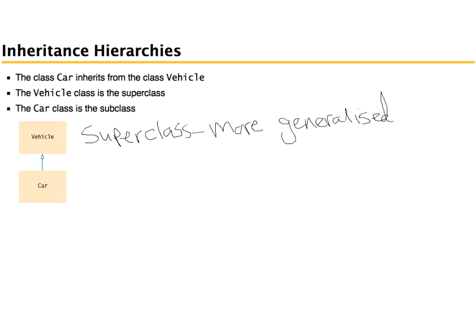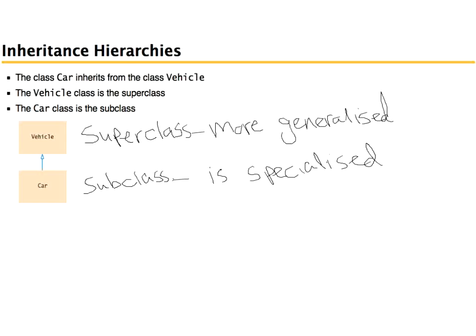Class vehicle is more general. So when you see a class that is more generalized, it is the superclass. On the other hand, the subclass is rather specialized. So always, the superclass is the bigger picture, while the subclass is the smaller picture.